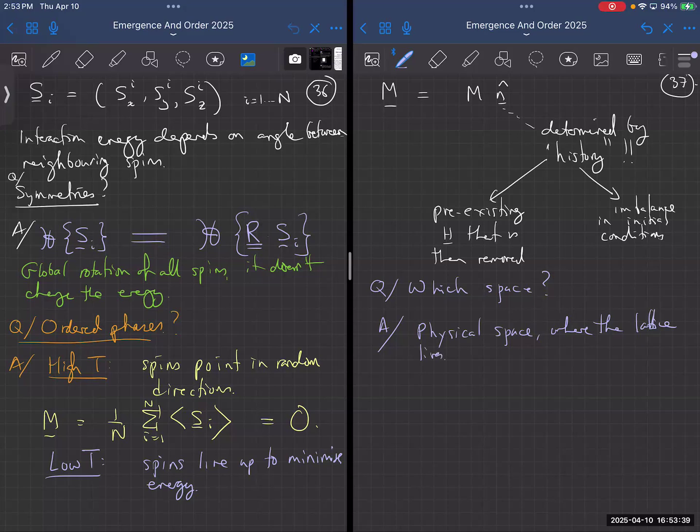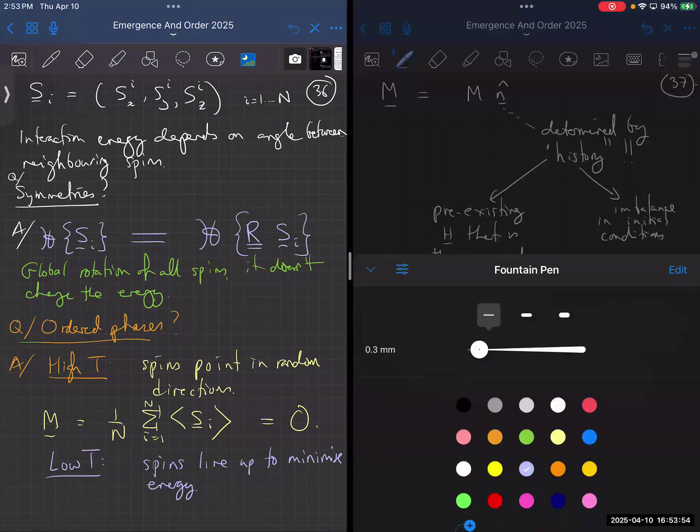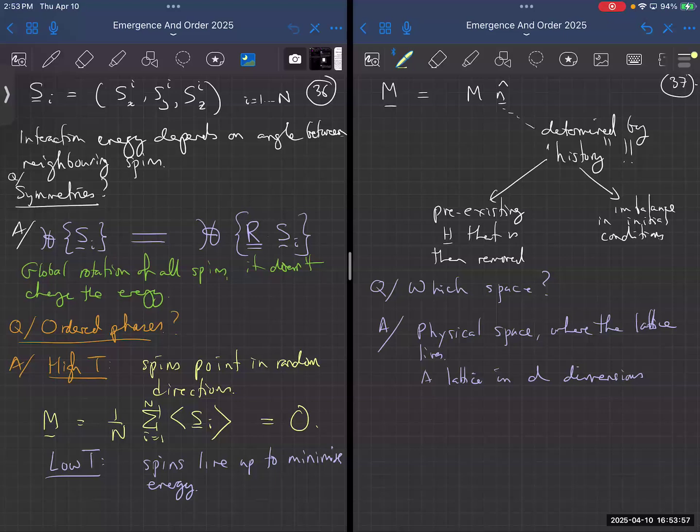So that might be a lattice in d dimensions, like 2 in the previous slide, could be 3, something like that. So that's the physical space. Then there's another space that I can define, which is spin space, or if you like, order parameter space. So this is the spin vector that we define at each site.